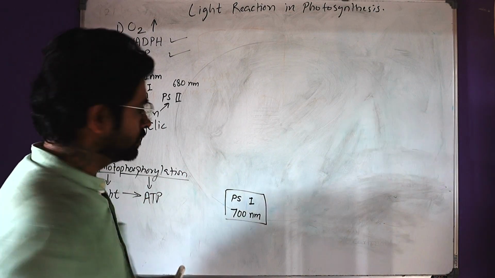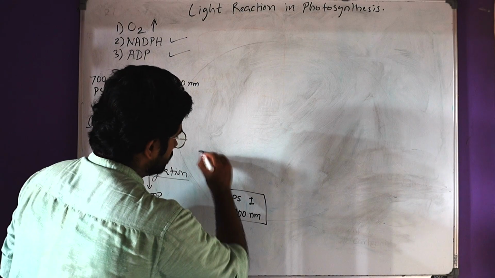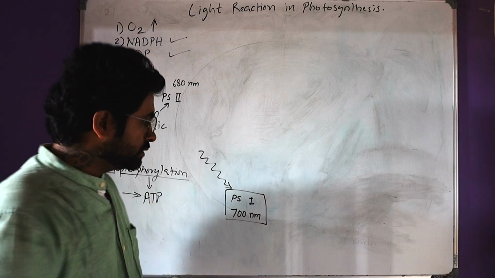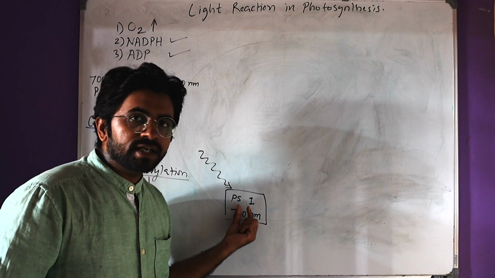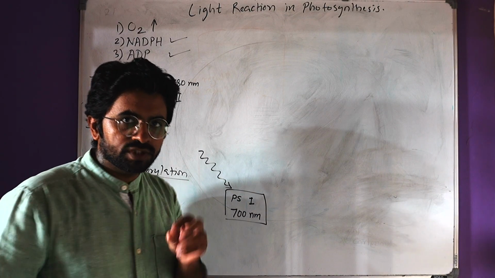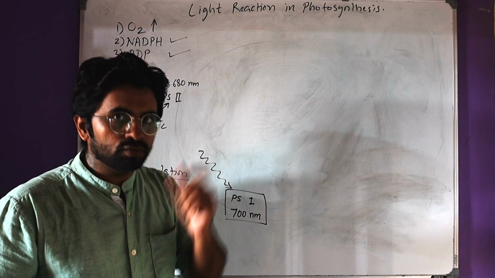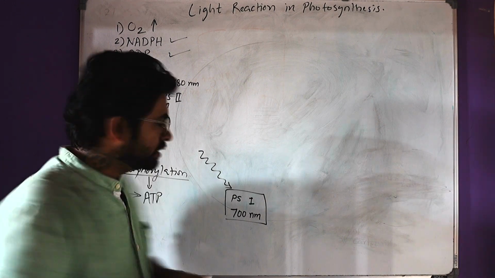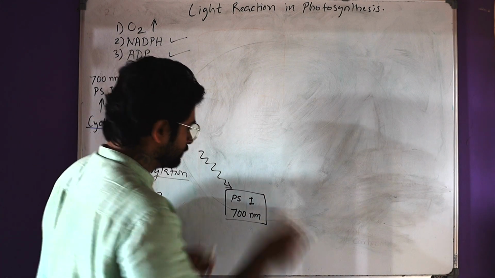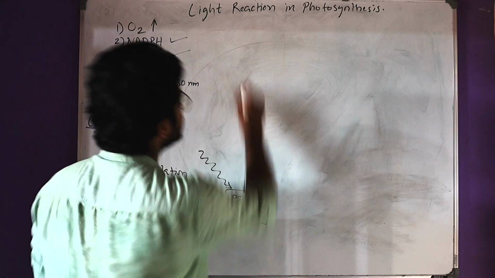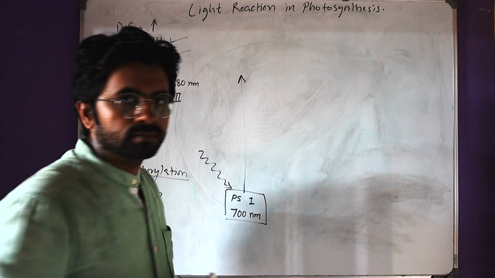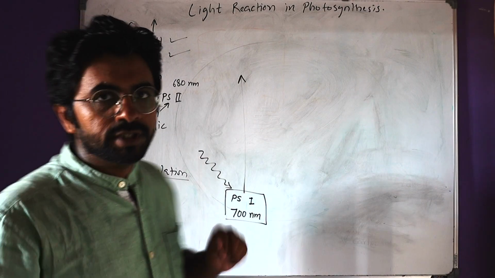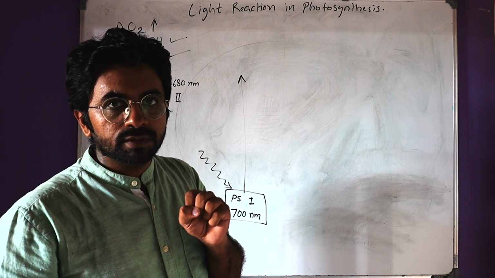When light falls on it, the electron is excited from its ground state because it is receiving light energy. That electron ejects from the photosystem and goes towards its electron acceptor.